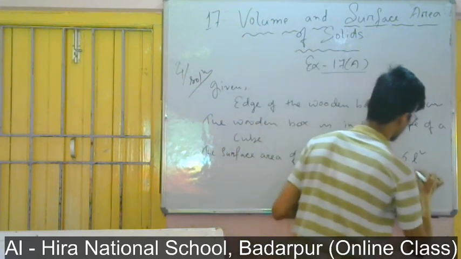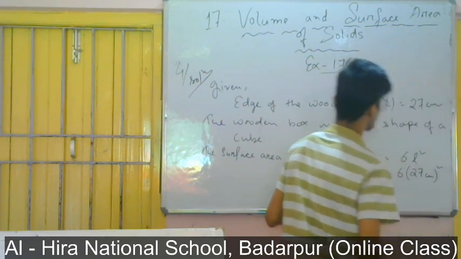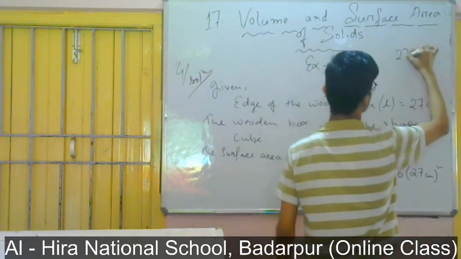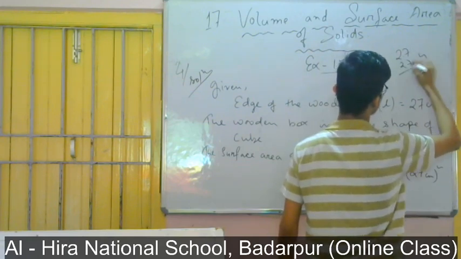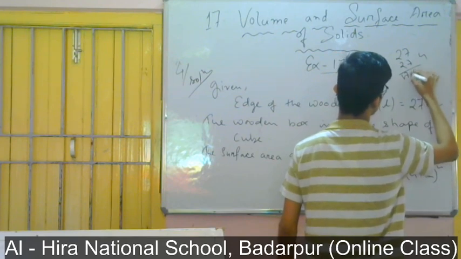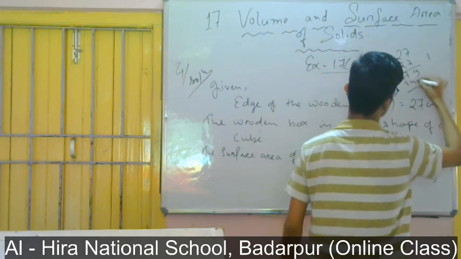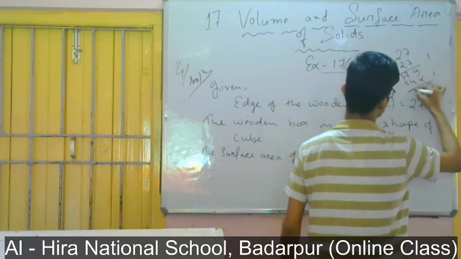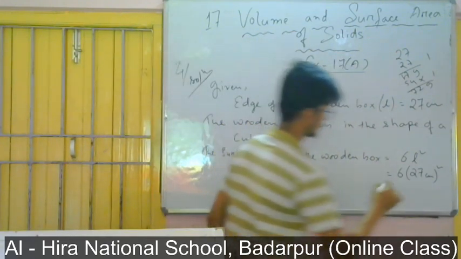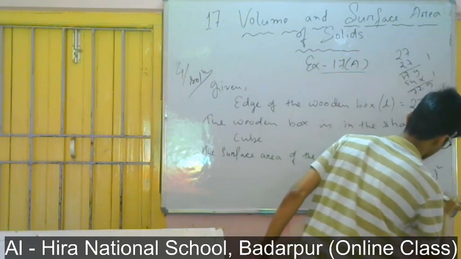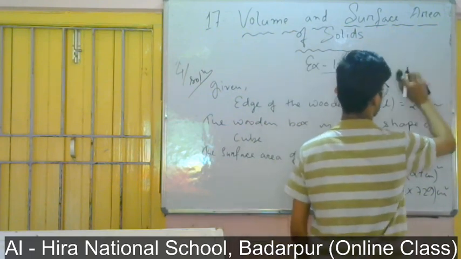In place of L I have to put 27 centimeter. So 27 square is 729 centimeter square.